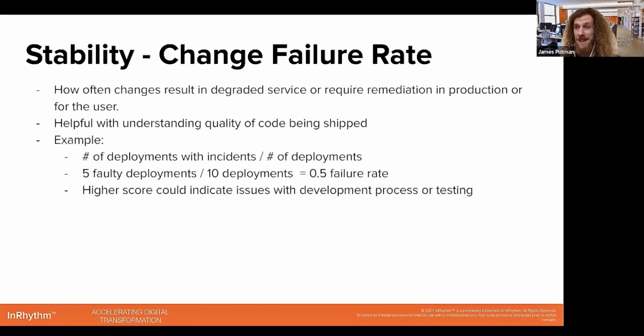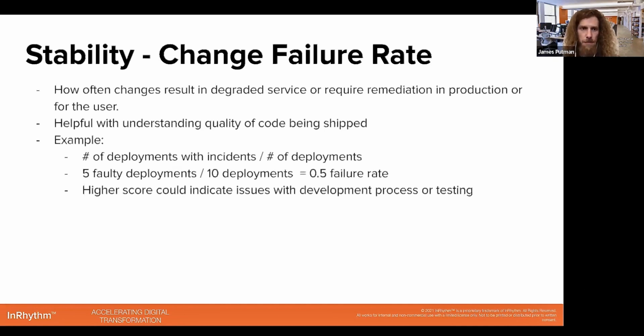So if you're shipping out bad code, you could look into maybe the development process itself. Testing could be some ways to improve this change failure rate. But this is usually calculated by the number of deployments with incidents over the number of deployments themselves.